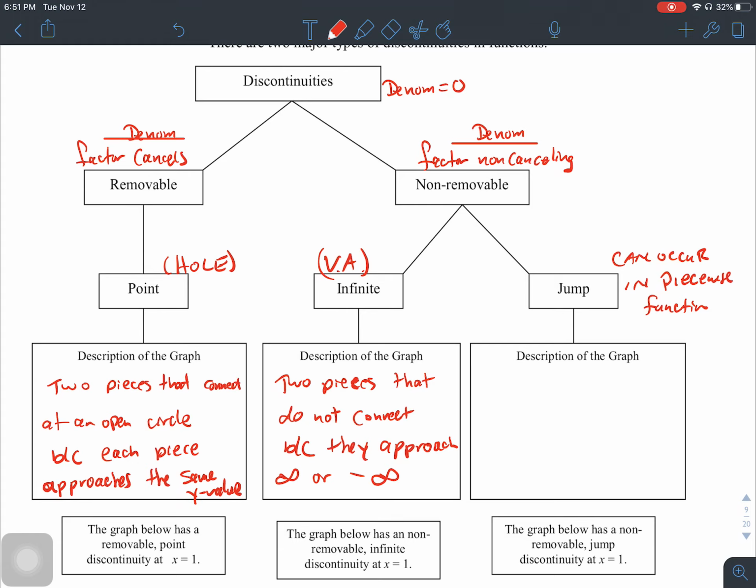Jump discontinuity, what does that look like? Two pieces that do not connect because they approach different y values.